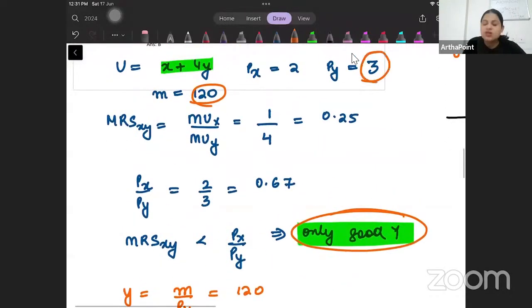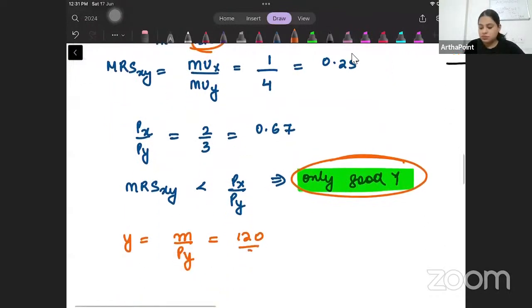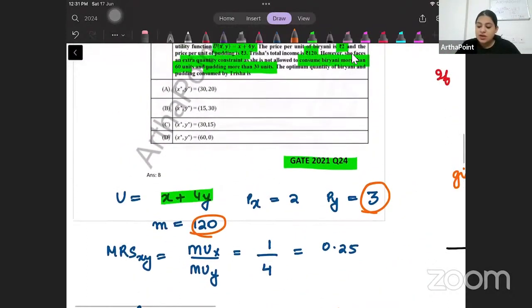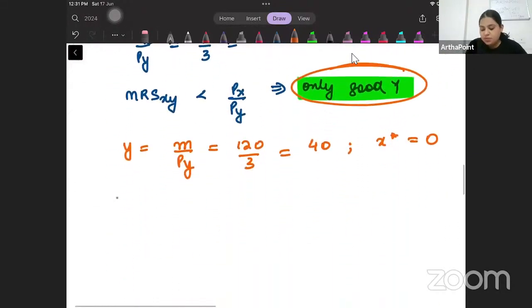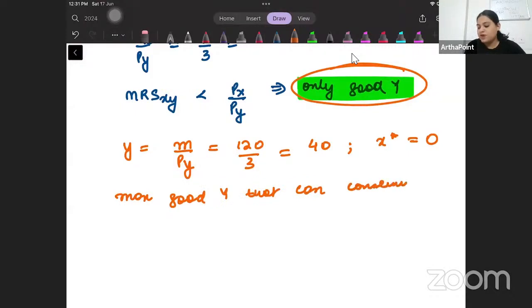Price of good Y is 3. So she should be consuming 40 units of good Y and 0 units of good X. Ideally, this should have been the equilibrium based on substitute goods. But now it is telling me that she can only consume up to 30 units. So the maximum good Y that she can consume will be 30.